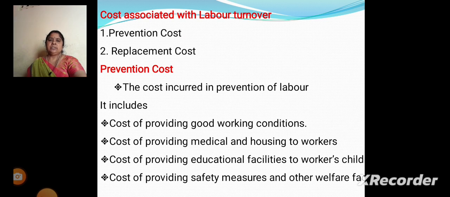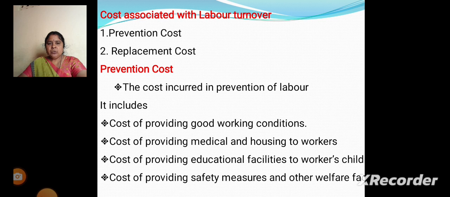Next one is cost associated with labor turnover. There are two costs associated with labor turnover. First one, prevention cost. Second one, replacement cost. Prevention cost: the cost incurred in prevention of labor turnover is known as prevention cost.